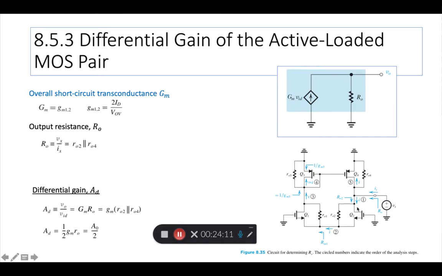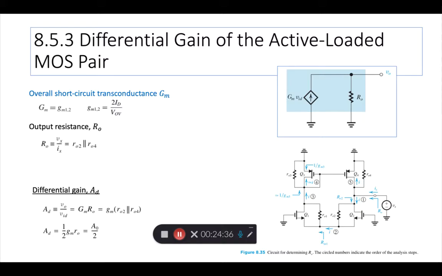Okay. So after a lot of analysis, he comes up with a simple result that we like, that RO is nothing but RO2 in parallel with RO4. What is RO2 and RO4? They are the intrinsic output resistances of these two transistors, Q2 and Q4, right?